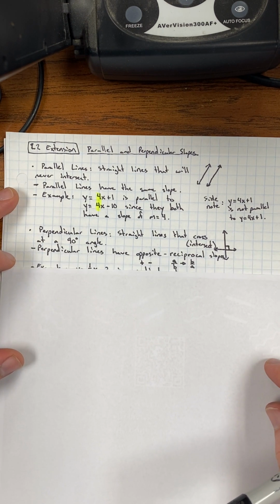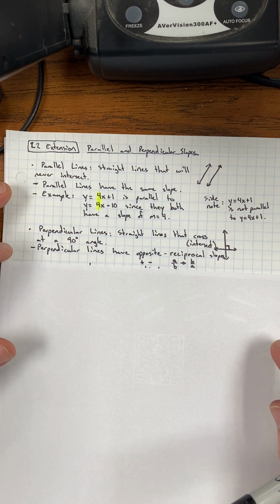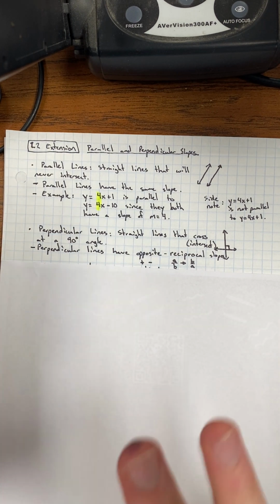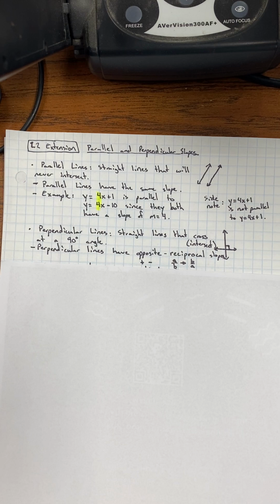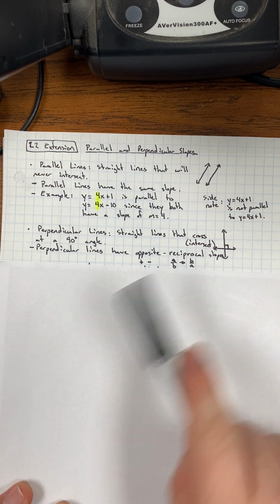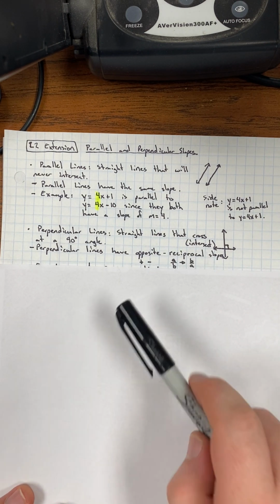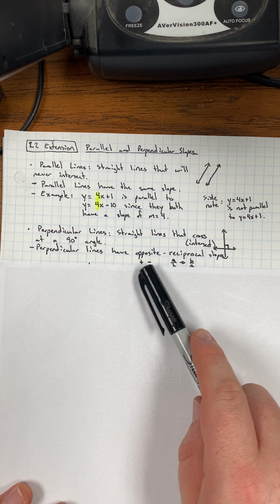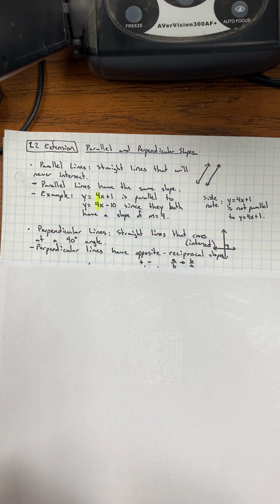The thing about this might be confusing at first when you're looking at this, but just stay with me on this. Perpendicular lines have what are called opposite reciprocal slopes, okay? So opposite means that they have opposite signs. You can either have positive or negative numbers. So if I have a positive 2, it needs to change to a negative 2, right? And vice versa.